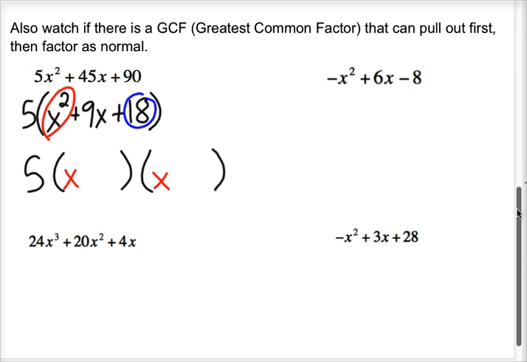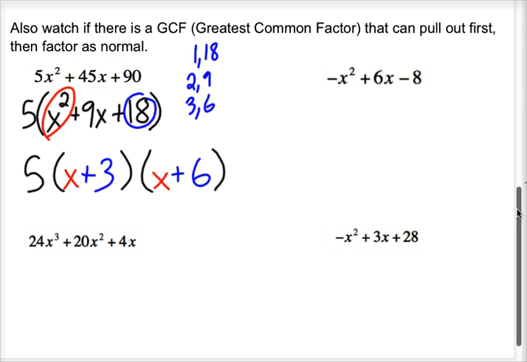How about that 18? Well, the 18 has some options: 1 and 18, 2 and 9, 3 and 6. And now we're trying to choose a combination that, when multiplied with those x's, will give me 9x. So I look at those, and I'm going to choose 3 and 6.